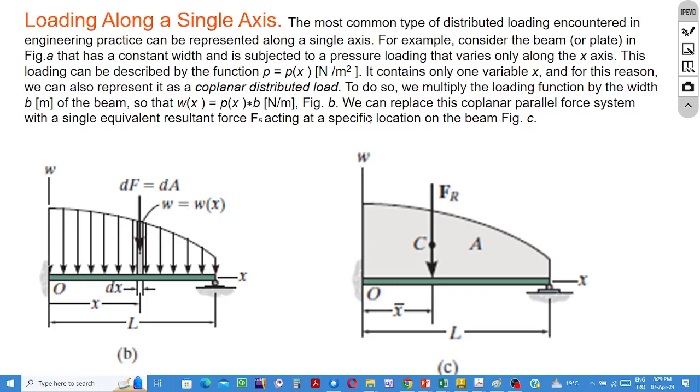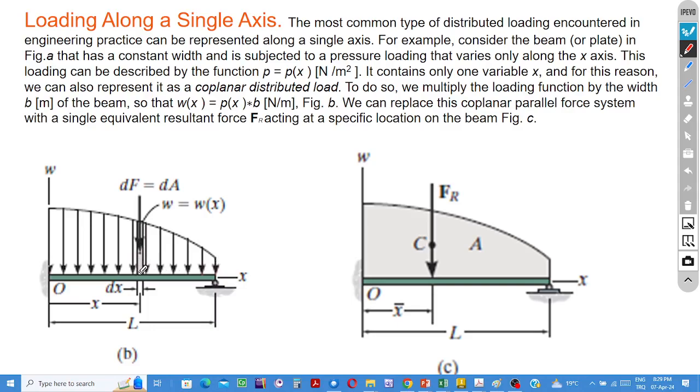And in such a case, the magnitude of the resultant force will be equal not to the volume under the load curve, but to the area under the load curve. Let's prove that it is so.